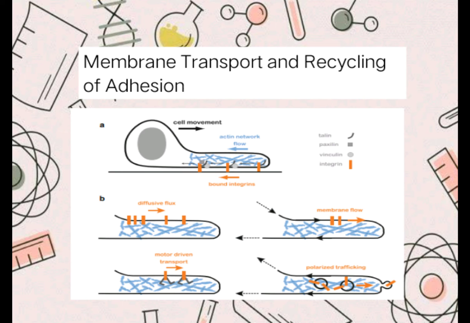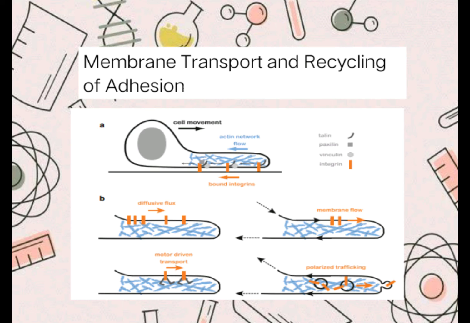In this figure of membrane transport and recycling of adhesions, in letter A, adhesion complexes assemble in a hierarchical fashion from integrins embedded in the membrane and cytosolic proteins. Nascent adhesions form at the leading edge and attach to the substrate. Actin network growth and flow away from the leading edge leads to a rearward flux of adhesions.